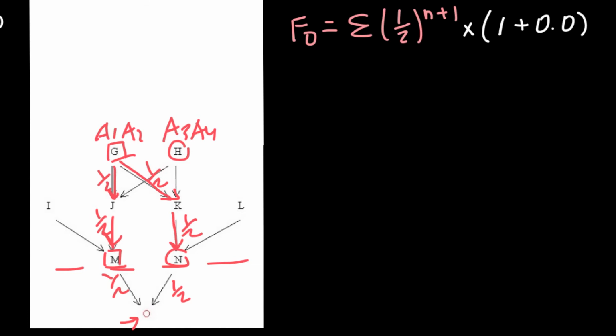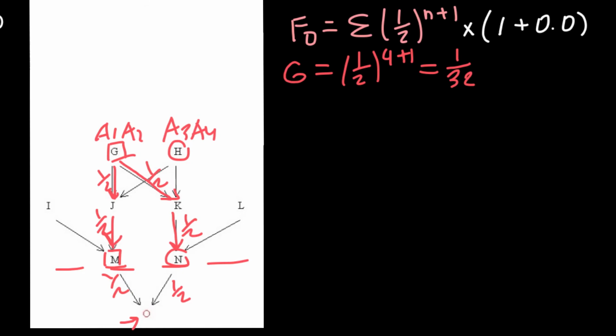So let's find the inbreeding coefficient for this loop. For parent G, we have 1/2 to the power of 4 plus 1, so to the power of 5, and we get 1/32.